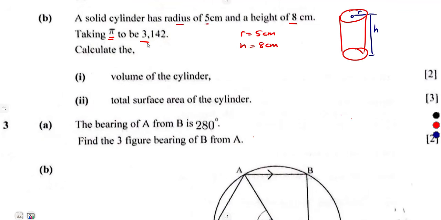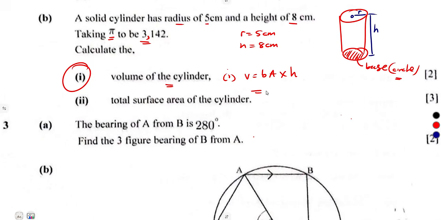Take pi to be 3.14 to use the given value of pi. Calculate the volume of the cylinder. So remember, guys, this is a cylinder, so you consider the base area. The base area is what? A circle. This is what you have on the base. So that's a circle. So base area times height. That's our volume. So volume is base area times height.